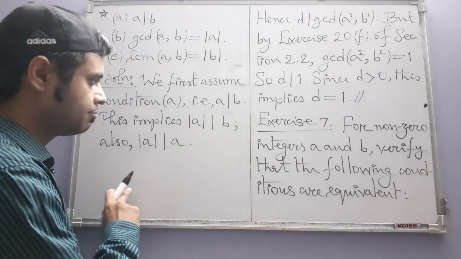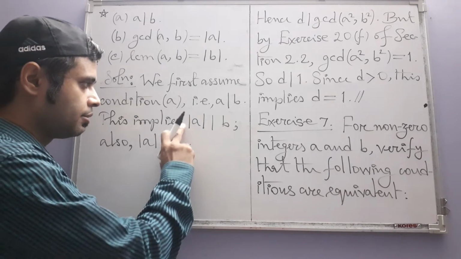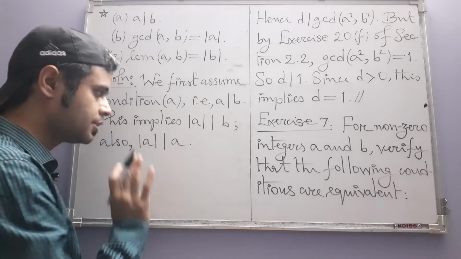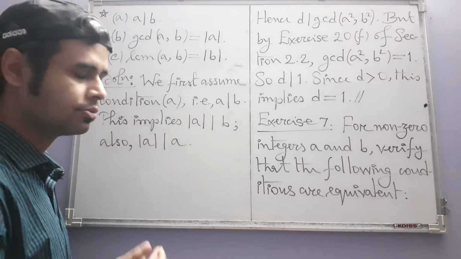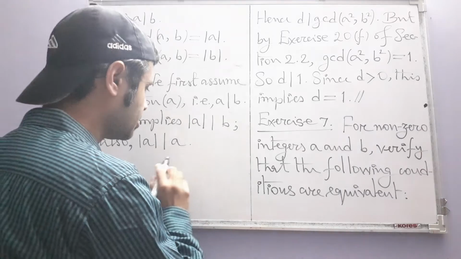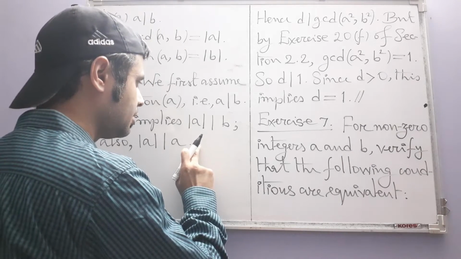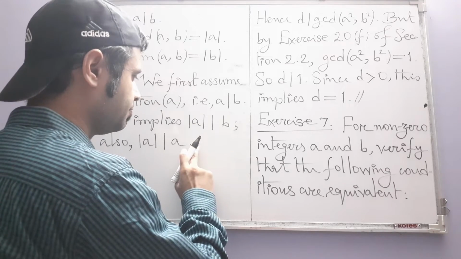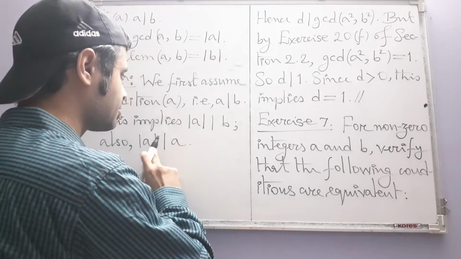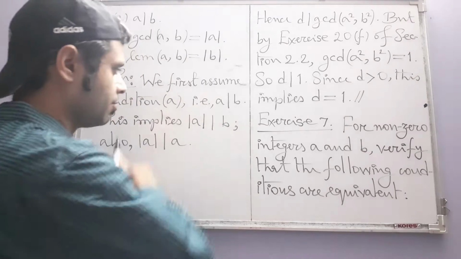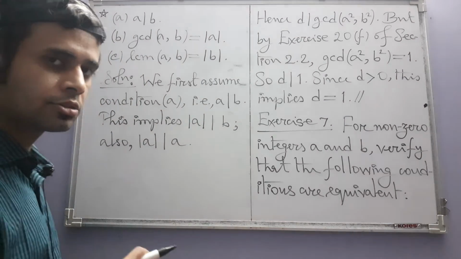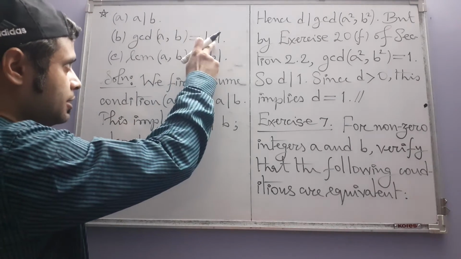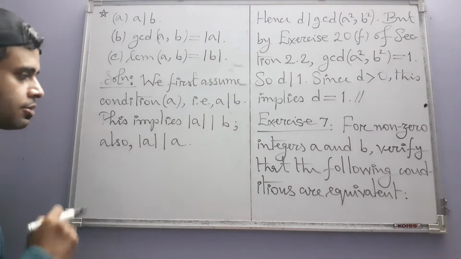If you go back to the definition, this will be the GCD of a and b if this is true and then something else is true: that if you consider any divisor d of a and b, then that d also has to divide this absolute value of a. If you manage to show that, then you can conclude that the GCD of a and b is equal to this. So let's just show that now.